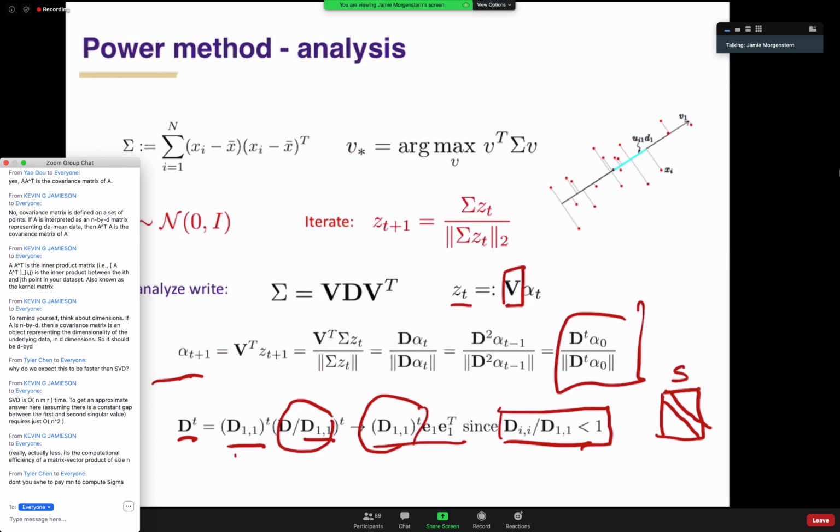But in general, the number of iterations you need doesn't depend on r, the rank of our matrix. It depends on n and m. And you generally only need roughly logarithmically many iterations before you get quite close, right? So you need some logarithmic function of n and m of these iterations for each of the vectors you're going to compute.